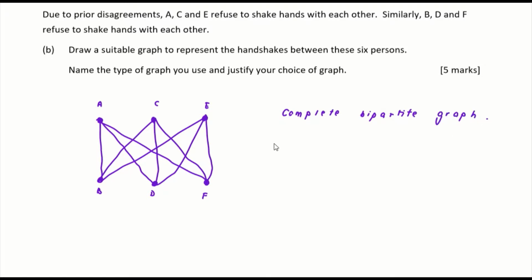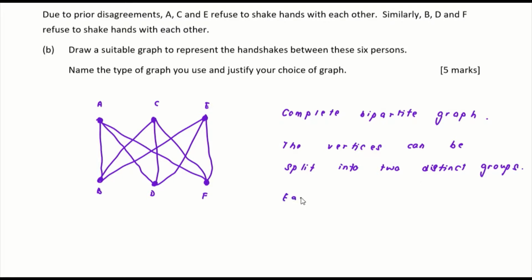So justify your choice: because the vertices can be split into two distinct groups. The second thing is, the edge is going to connect the places from each group, right?